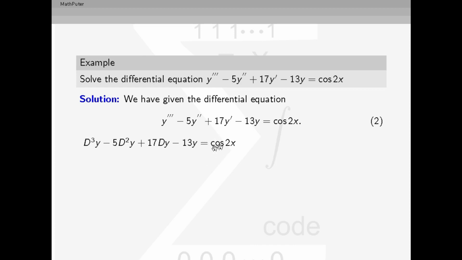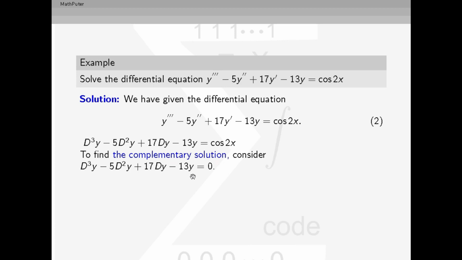Now for the complementary solution, we consider the right hand side 0, so we have this equation, right hand side is 0. Since y is non-zero, we have this equation D cube minus 5D square plus 17D minus 13 is equal to 0. Okay, this is a cubic polynomial, and you know how we factorize this. So the factors are (D minus 1) into (D square minus 4D plus 13) equal to 0.